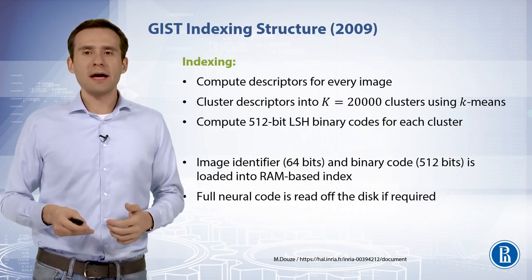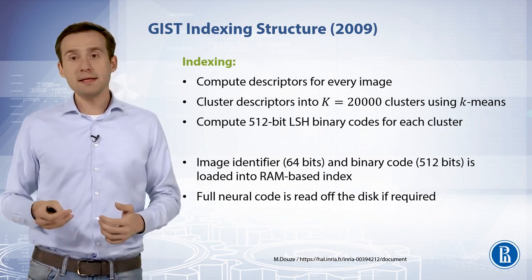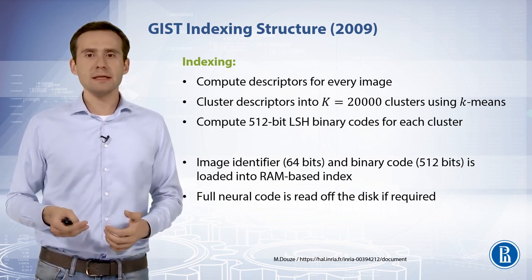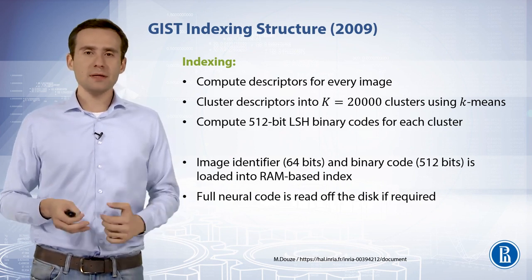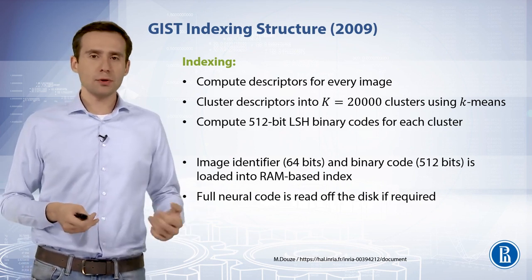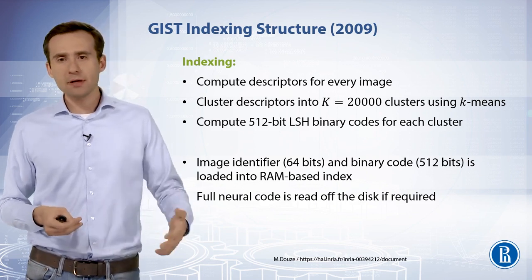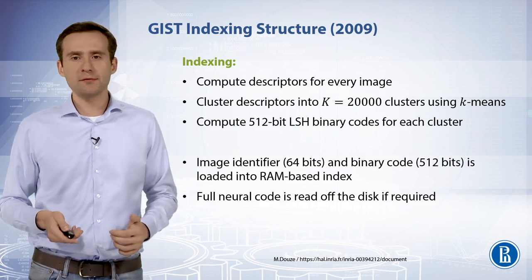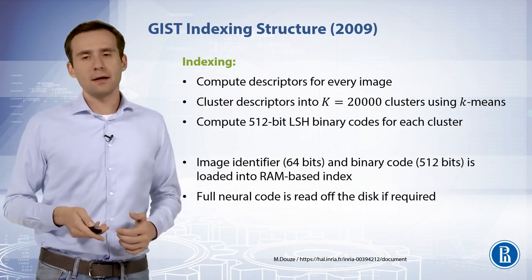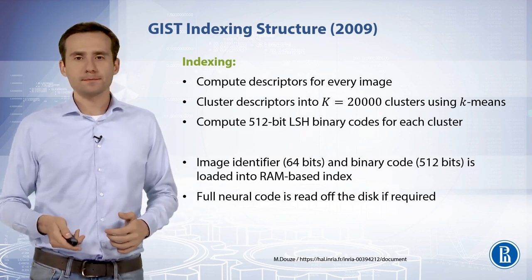We now arrive at a practical algorithm to perform indexing for large image collections. It is called GIST, for GIST indexing structure. We first compute image descriptors such as neural codes or GIST for every image in the database. Next, we cluster descriptors into a large number of clusters, say 20,000.